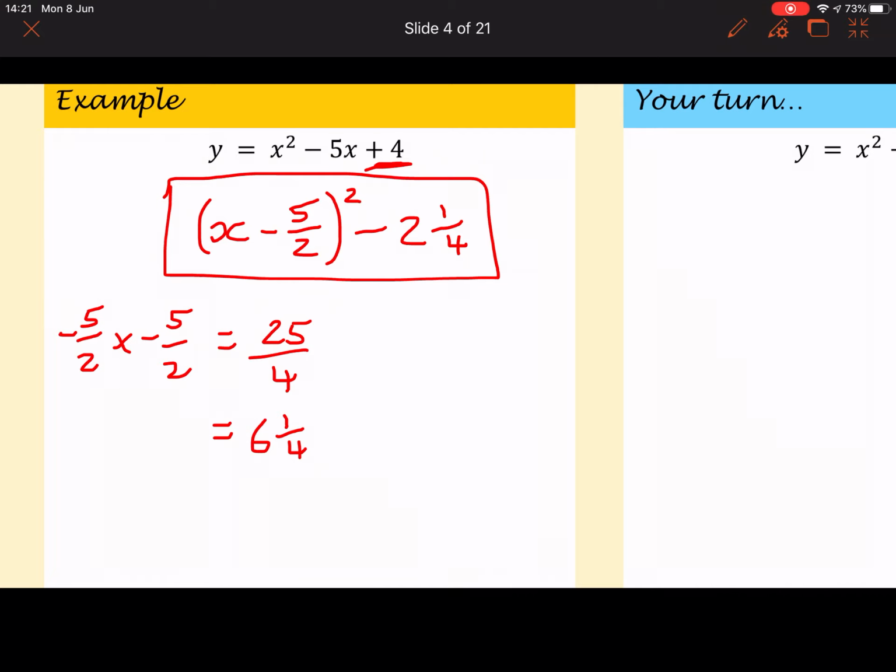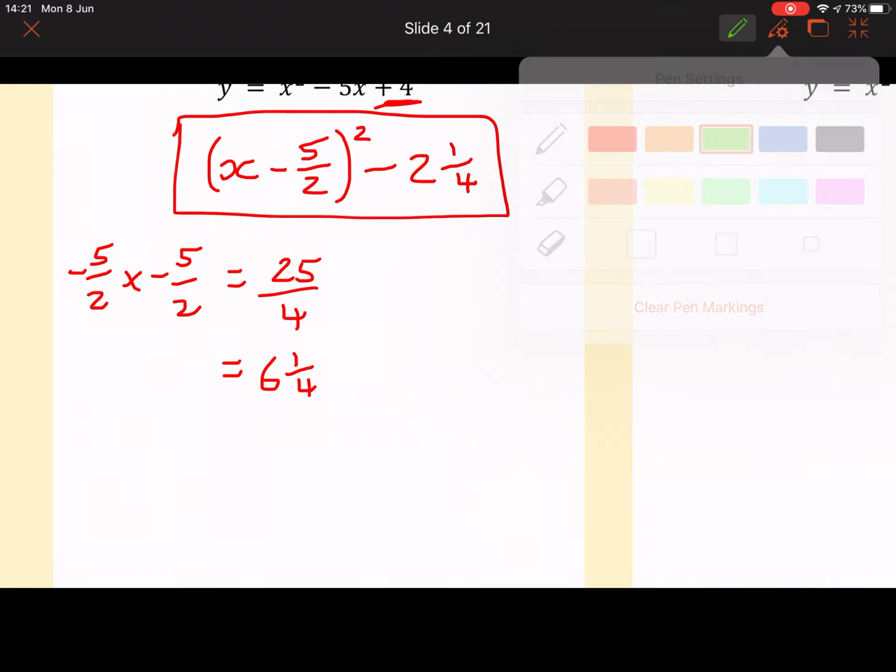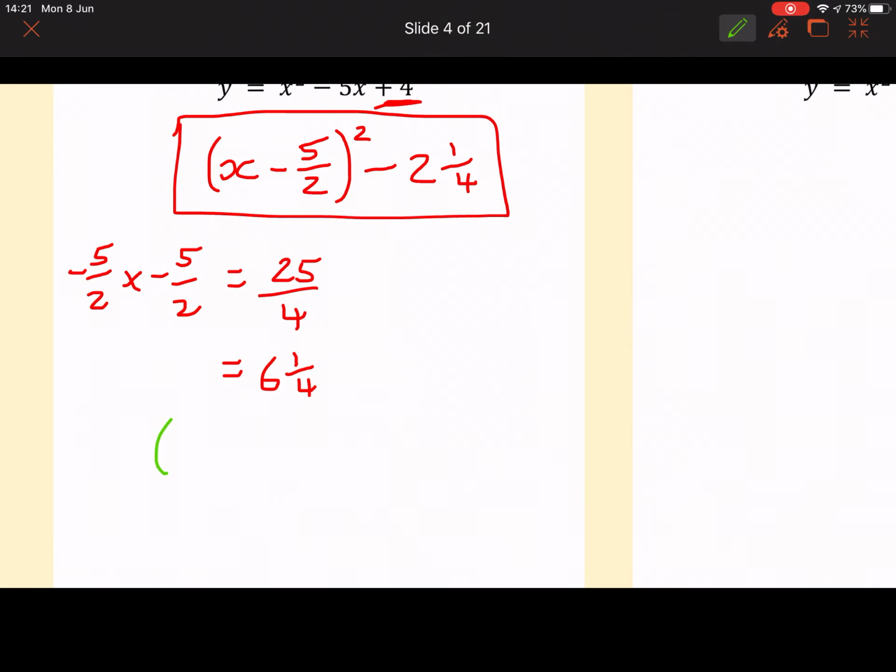You could have done that with decimals. I'm just going to show you in case you really prefer to work with decimals. So in my brackets instead I would have x minus 2.5, so that's 5 divided by 2, squared. Then we'd have had to do 2.5 times 2.5. Now that's a little bit trickier. You can do it as 25 times 25.